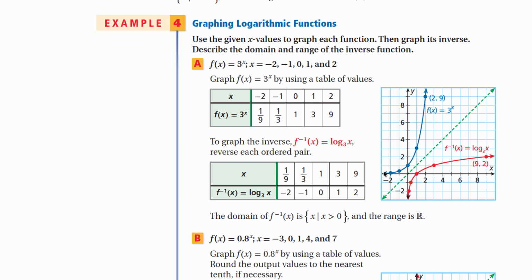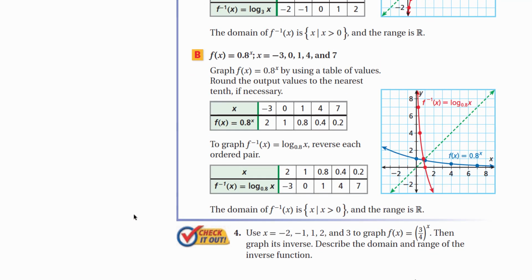Well, the domain of the original function was all reals, which means the range of the inverse is all reals. The range of the original function was the set of all y's such that y is greater than 0, which means the domain of the inverse is the set of all x such that x is greater than 0.